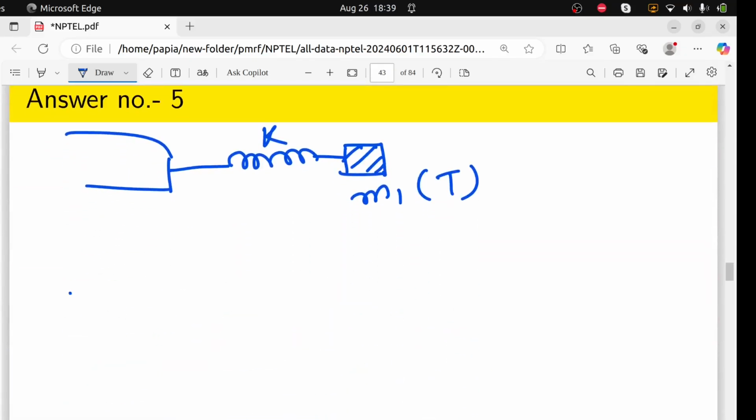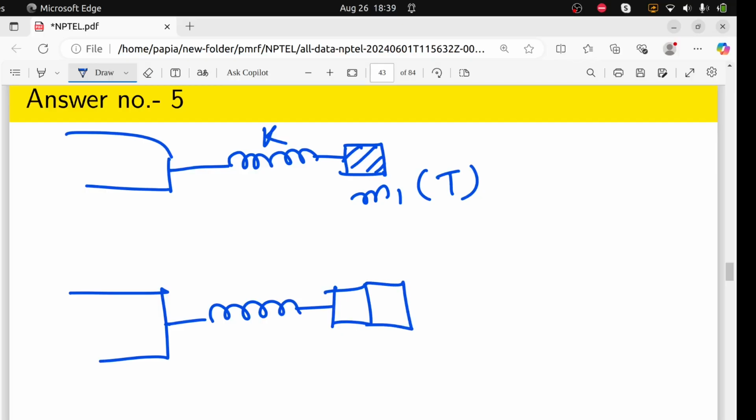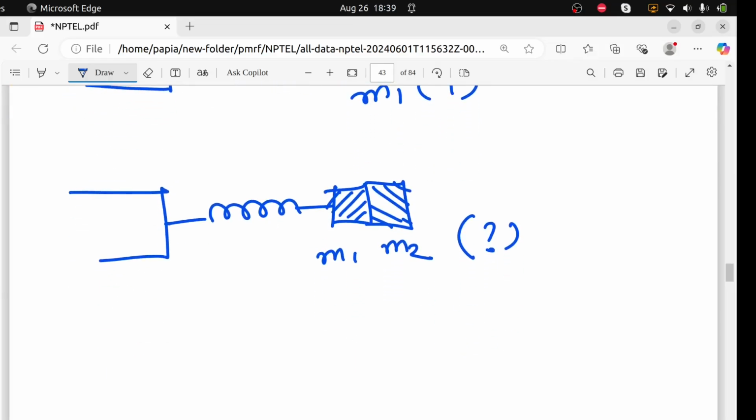Okay. Now in this case, it is like that. It is m1, it is m2. Now what will be the new time period? So previously when m is m1, T is what? First of all I need to check what is the omega value here.